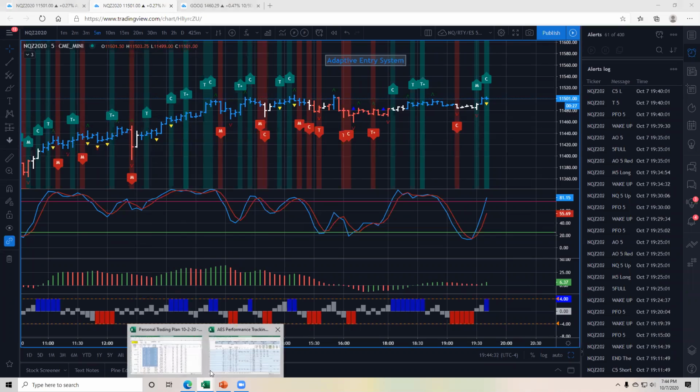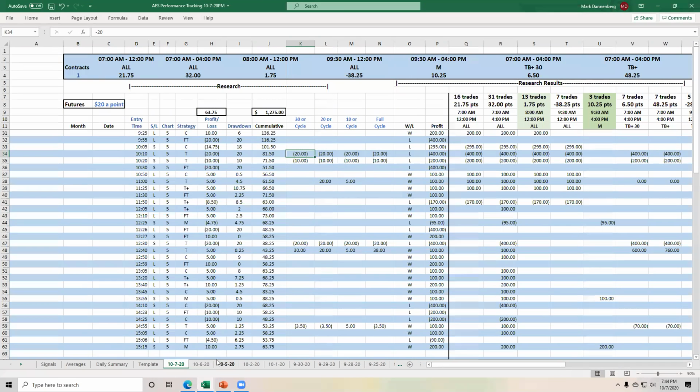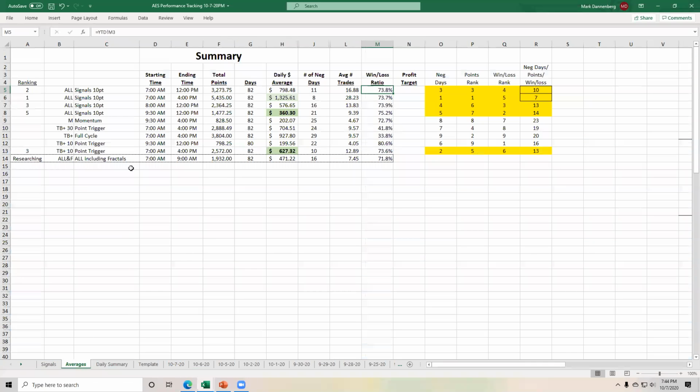So we track that, and we don't talk as much about the full cycle because as we really developed our awareness of the averages, we realized that it is probably the most emotionally taxing category. I'll put it that way. If I was to hold for the full cycle and I traded the trend bias and continuation trades from 7 to 4, out of 82 days, I've had 29 losing days.